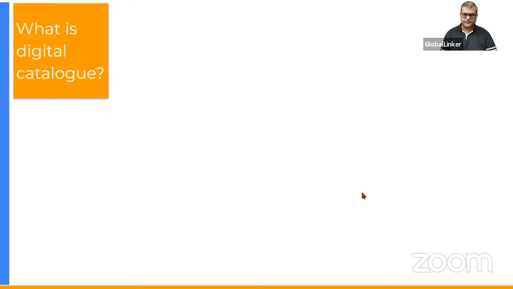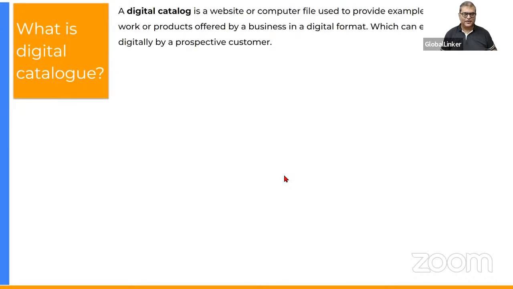So a digital catalog is a website, and I'm going to read the textbook definition as well. A digital catalog is a website or a computer file used to provide examples of a person's work or a product offering by a business in a digital format, which can easily be accessed digitally by a prospective customer. So that is a digital catalog.